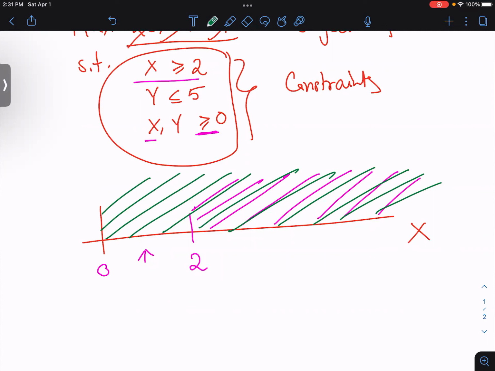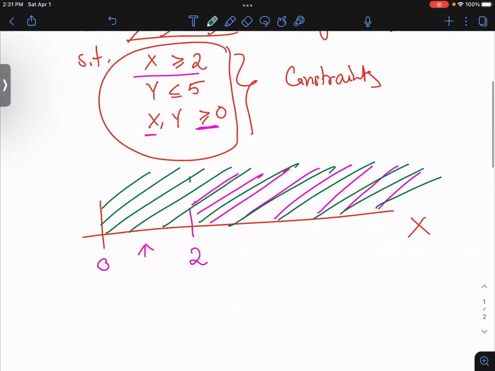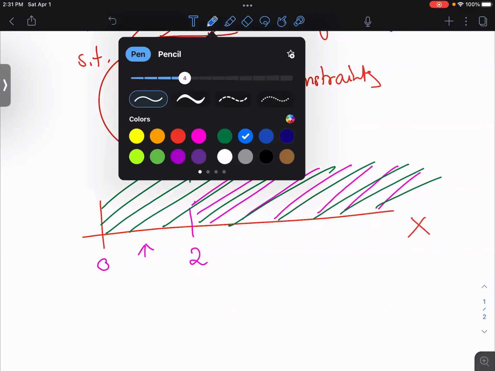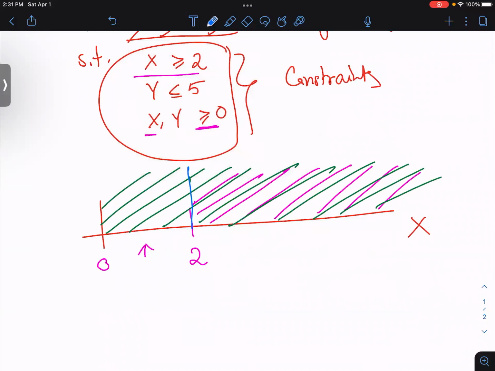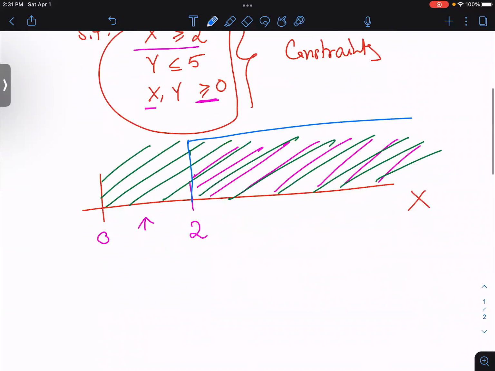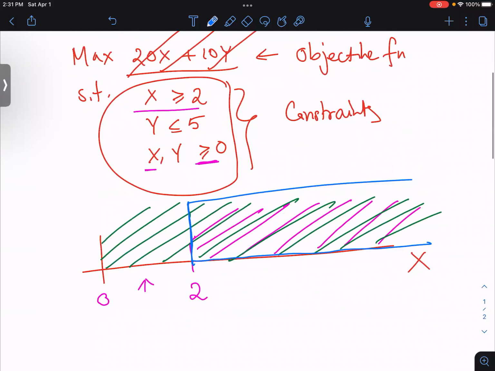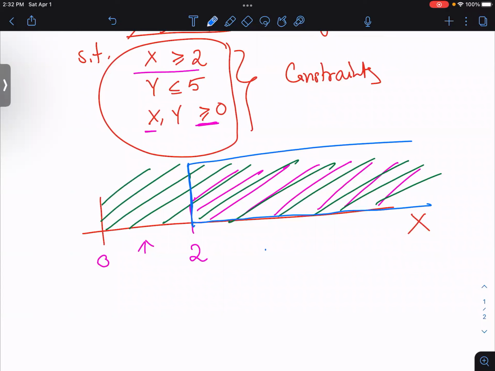There is, because this area right here is the area where both constraints are satisfied. So both constraints can be satisfied, and it means that this problem is feasible with respect to x.